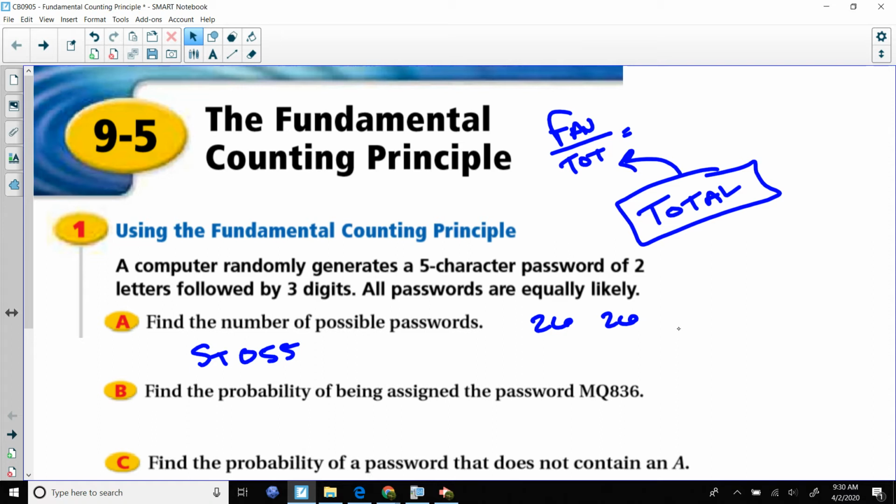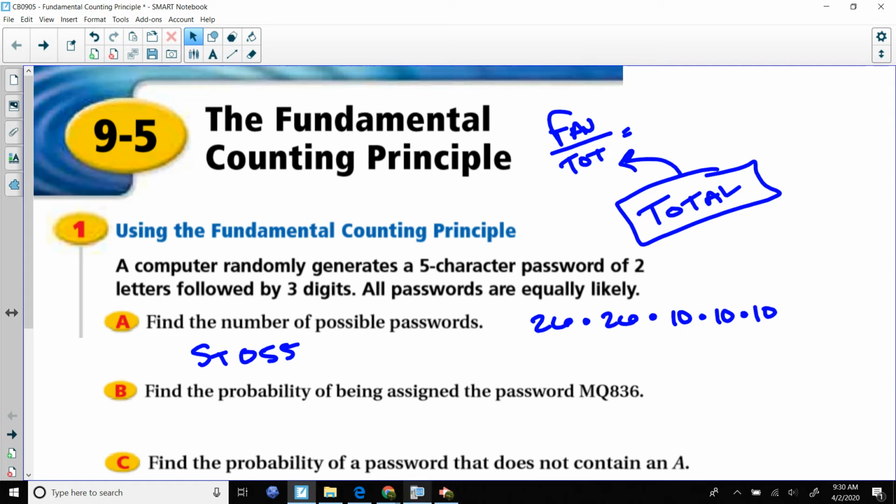And then to find out how many numbers there are, well, there's 1 through 9, that's 9 of them, but there's also 0. So 1 through 9 plus 0 gives us 10 digits for the numbers, and they want 3 of those numbers. What math goes in between these? We're not going to add these together in order to get our password. We're going to multiply these together in order to get our password. 26 times 26 times 10 times 10 times 10.